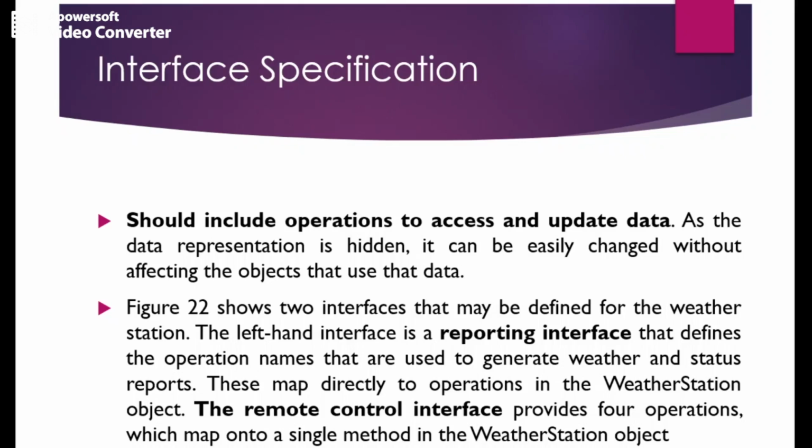It can be easily changed without affecting the objects that use that data. So you know that data representation is hidden, so it can be easily changed without affecting the objects that actually use that data. So we will see a figure now.